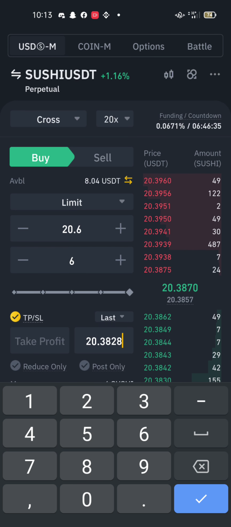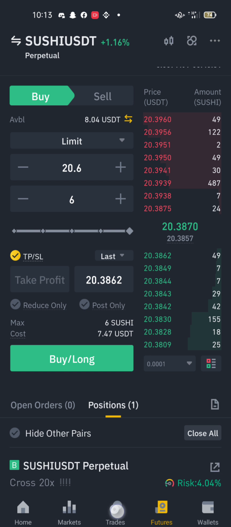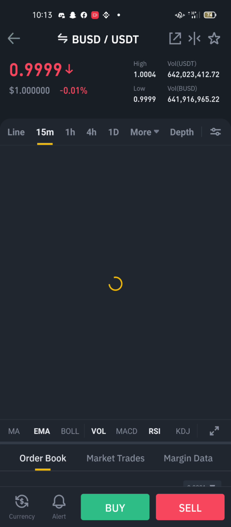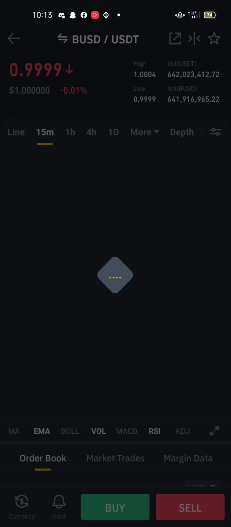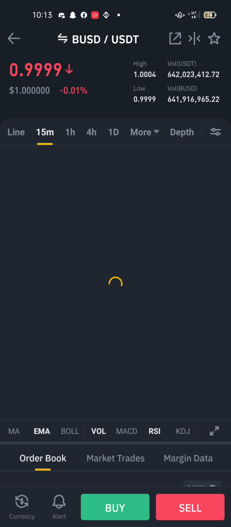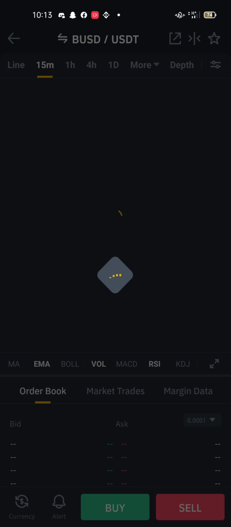And yes, this was the strategy. You have to buy at the market price, and for the market price you have to set an alert. For the alert, you may have to go to the spot, and in the spot graph, here's the alert, and you can put the alert here.